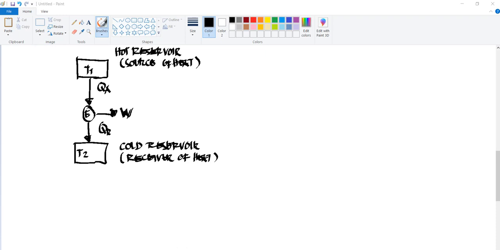Reviewing from your thermodynamics, we can do an energy balance. Summing up, your work will be your Q absorbed minus your Q rejected, by means of energy balance.